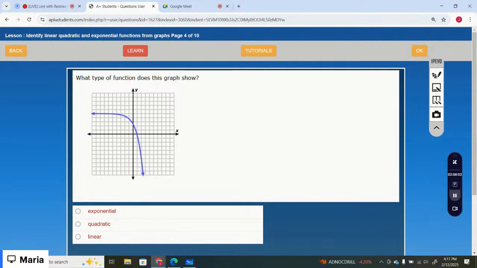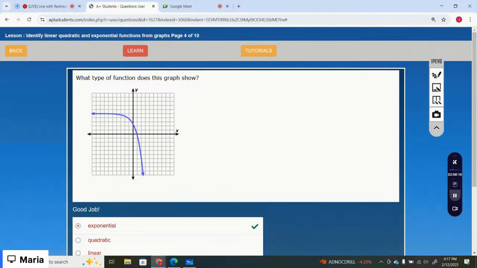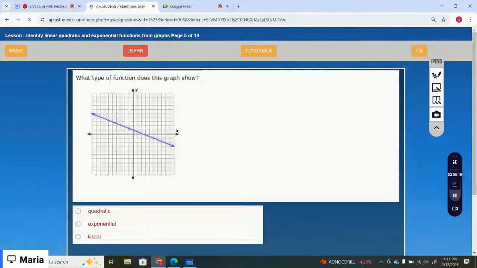What type of function does the graph show? That is the exponential function. Option 1 is the correct option.